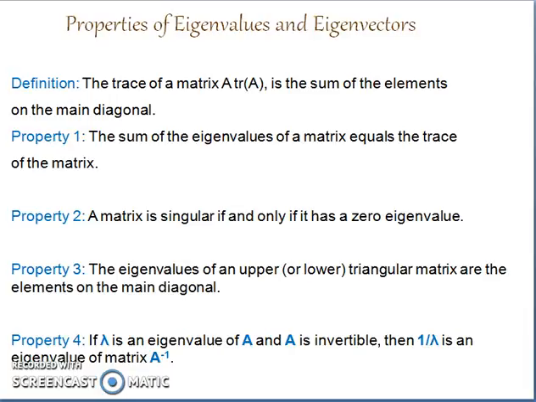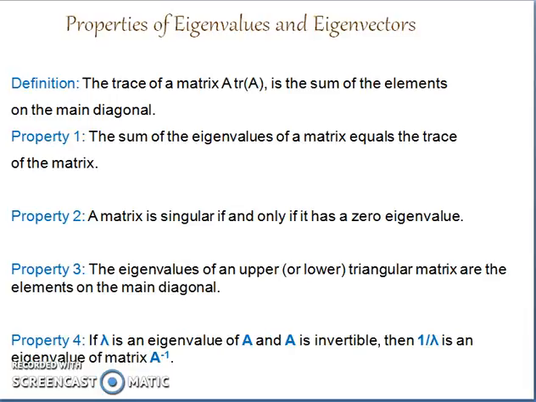Next, we are discussing the properties of eigenvalues and eigenvectors. Before entering into the properties, we'll discuss an important definition called the trace of a matrix. The trace of a matrix is the sum of the elements on the main diagonal of a square matrix.